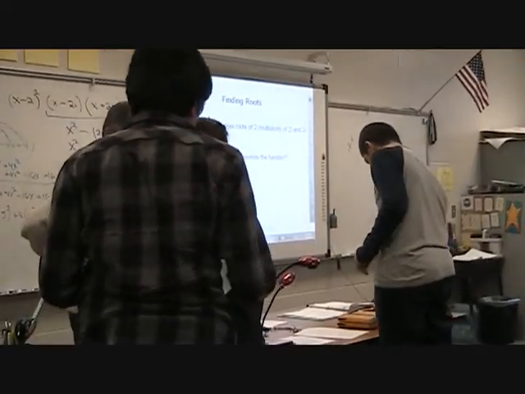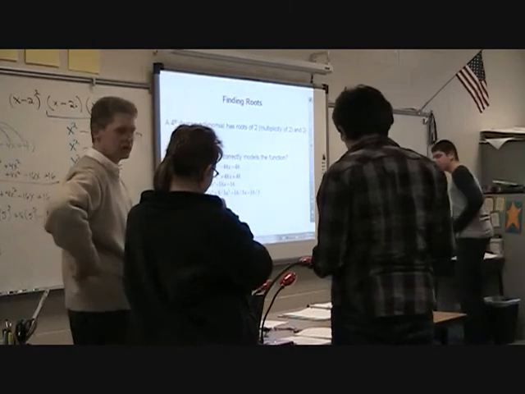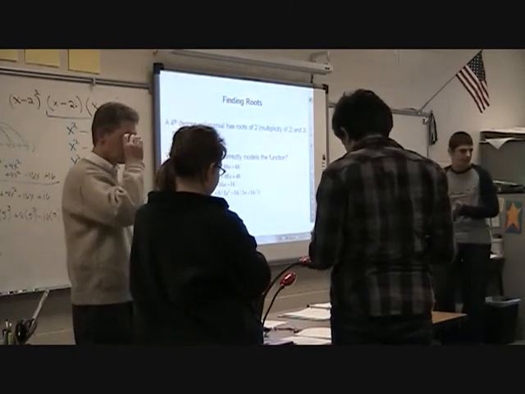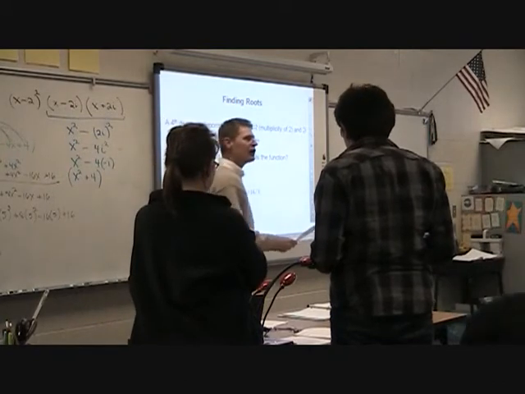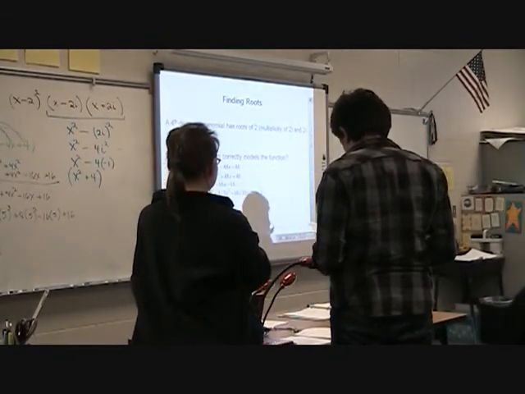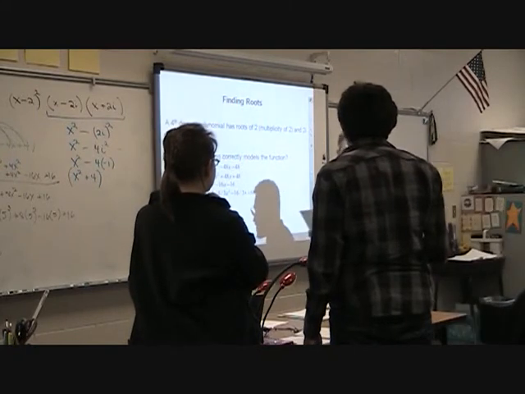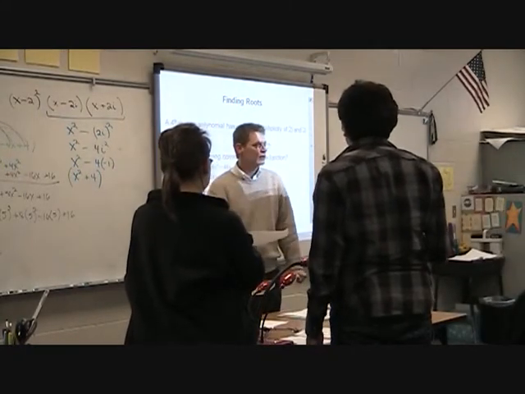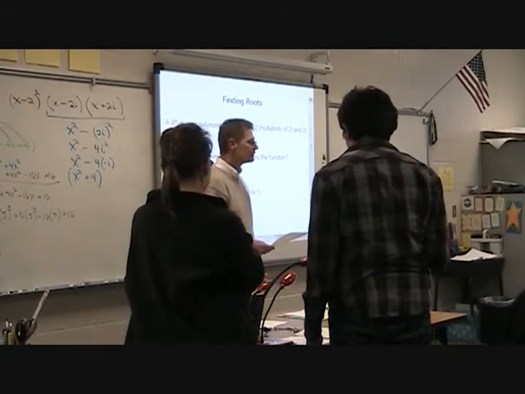Okay. Everybody take a look at number 5, please, on your review sheet. Somebody tell me quickly, why can you not use the rational root theorem on this equation? Because there's no constant.